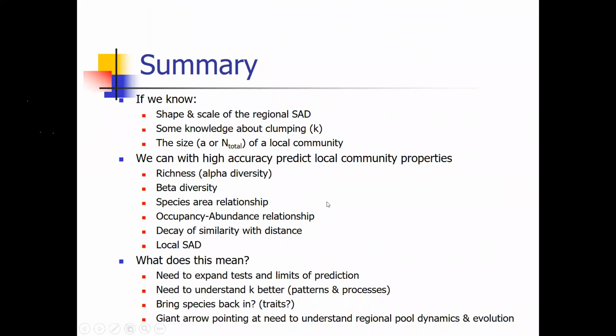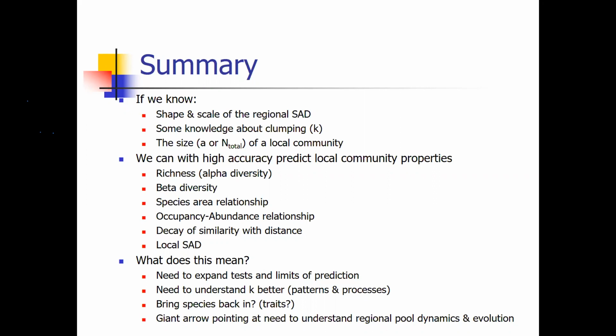So I'll summarize and stop. So inputs: the shape and scale of the regional species abundance distribution, some knowledge, and I was playing with how much knowledge about clumping of individuals within a species, and some basic knowledge about the size of a local community and the walking back between area and number of individuals or density. Those are the inputs.